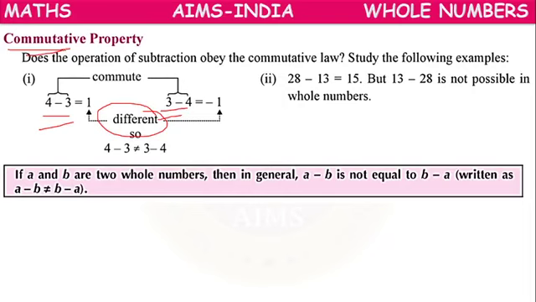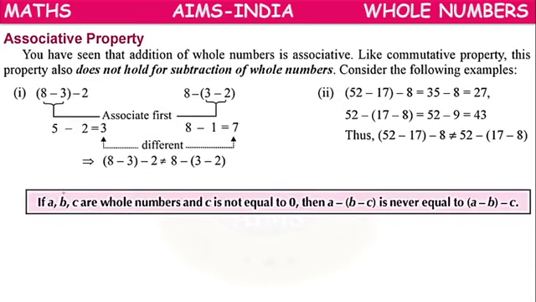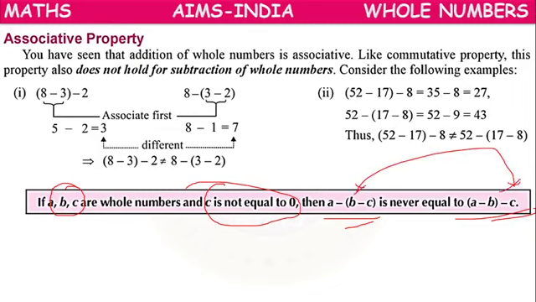So two numbers' difference will not be the same. So the commutative property is not applicable for subtraction. If A, B, C are three numbers, the difference is different if we change the order. If we associate the first and second first, or the second and third first, then the result is different.